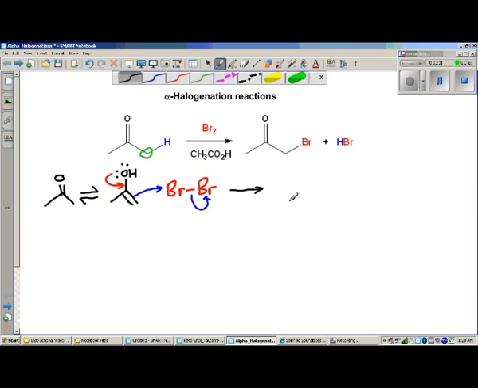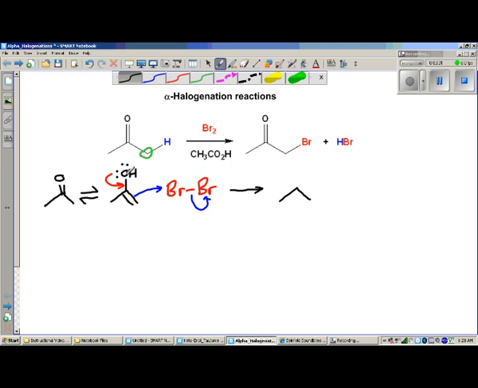Now, when we draw out this product, let's make sure we notice exactly what it's going to look like. Most importantly, where is the bromine going to be? Well, you can see the double bond is between these two carbons, so I'm not really showing where the bromine attacks. It's either this carbon or this carbon, so it's got to be bound in the product to one of these two. It's a common mistake to say it's bound to the middle one.